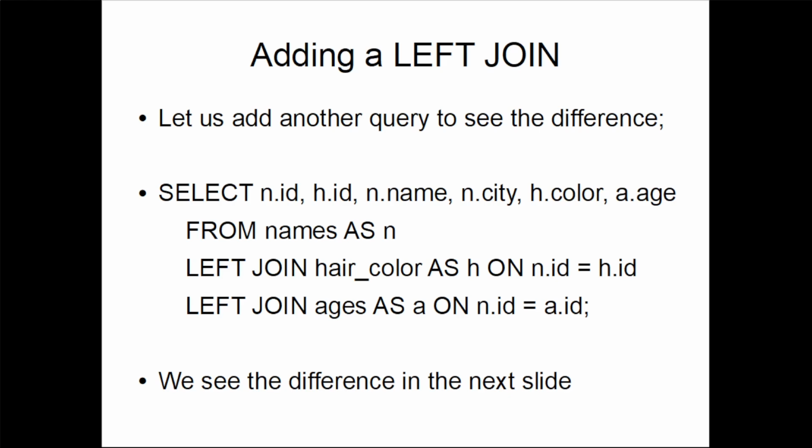Left join now includes all rows from names, with hair_color matches or null, but only ages rows that match names. Unmatched ages rows, like ID equals 4, are excluded from the result.